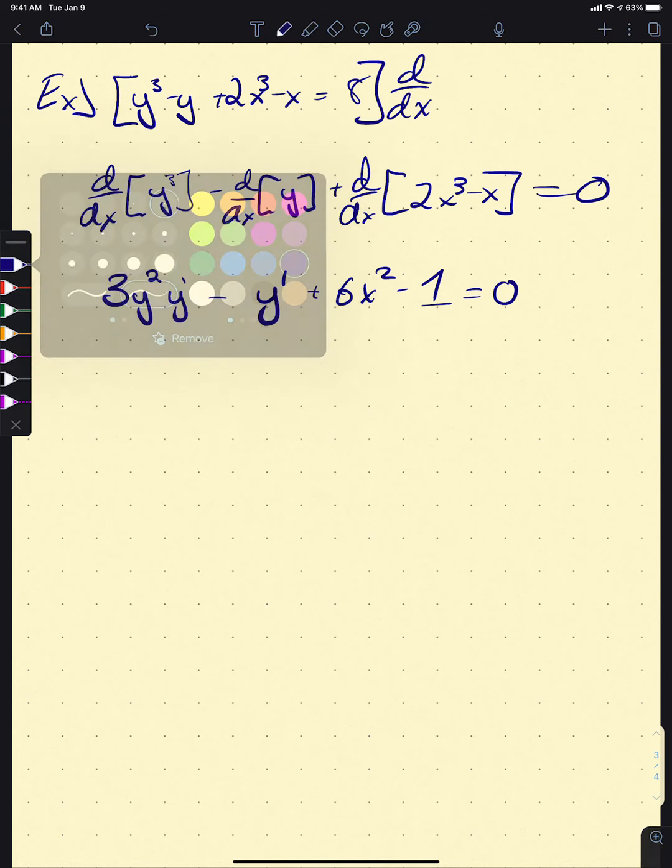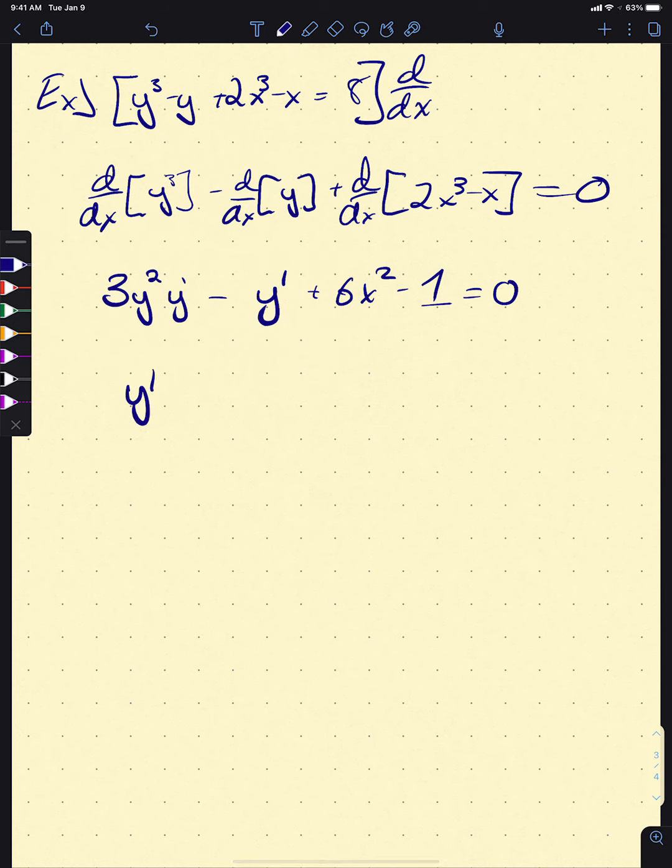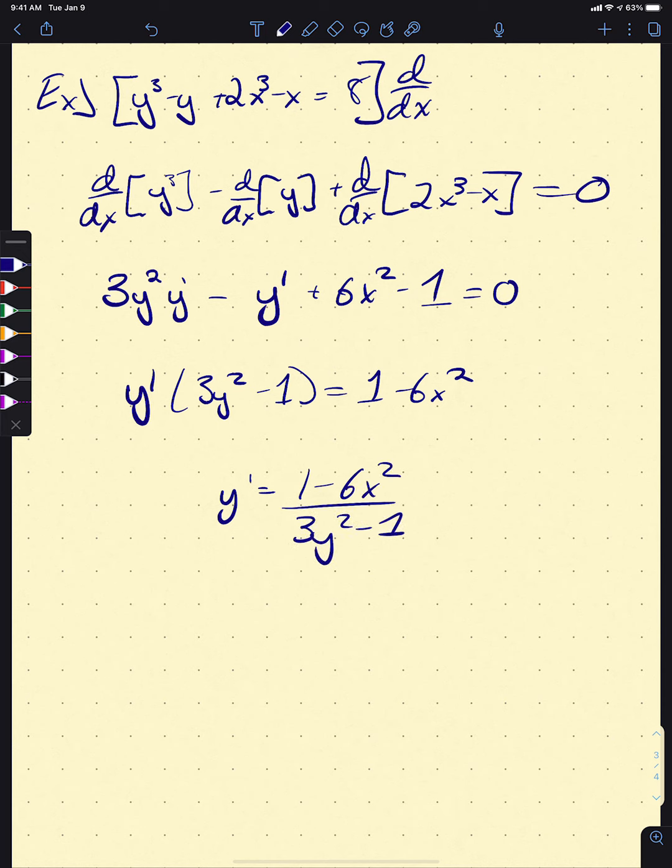And then from here, we can factor out this y prime, and we're going to get y prime times 3y squared minus 1 equals 1 minus 6x squared, or y prime is (1 minus 6x squared) over (3y squared minus 1).